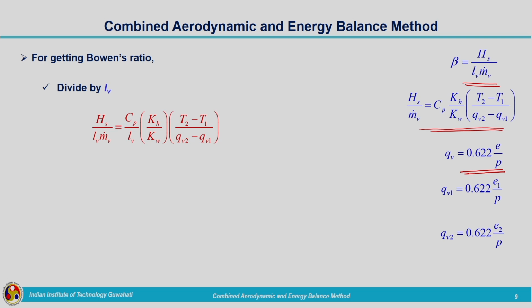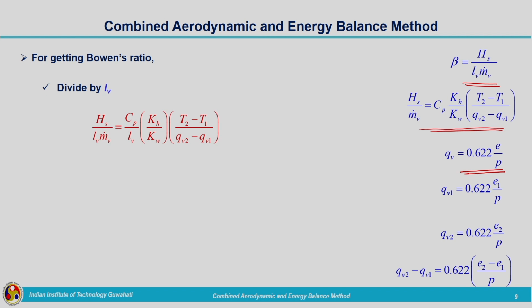We can take the difference between Qv2 and Qv1, and it will take the form 0.622 E2 minus E1 by P. The same question will arise here also: why not P1 and P2? We are considering the distance between these two layers in such a way that there is not much variation, so the pressure at levels Z1 and Z2 is more or less equal.